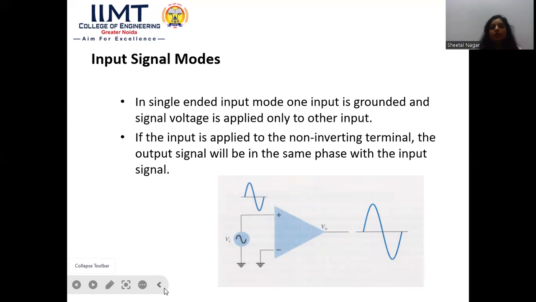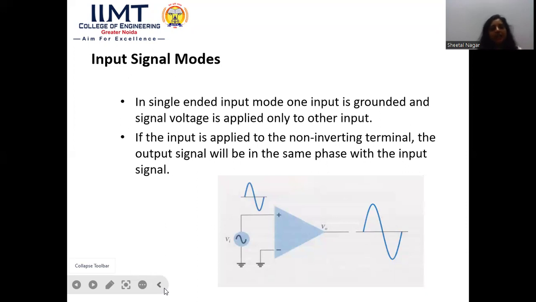The first mode is the differential mode and the second one is the common mode. Under the differential mode, we can use the input signal at any terminal and we can ground the other. We can use both terminals, inverting and non-inverting, but we apply the input signal at only one terminal. Now, let's discuss the cases of input signal modes.